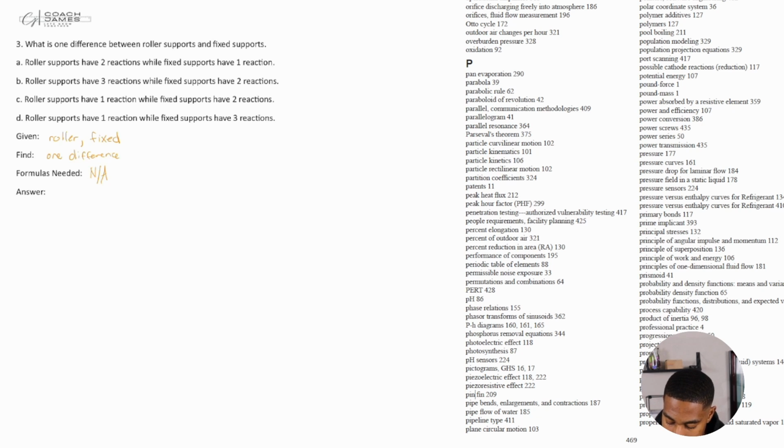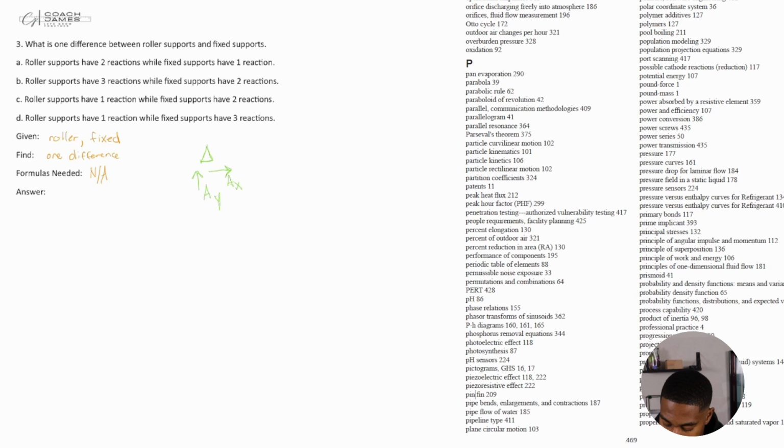So just as a refresher, this is a pin, and we could say it has an AY, and then it has an AX. Just going through all the supports.